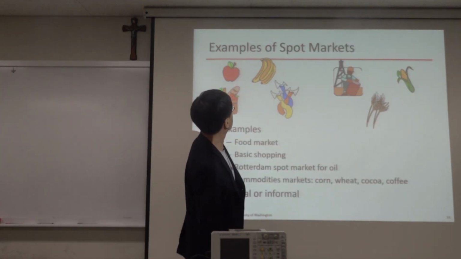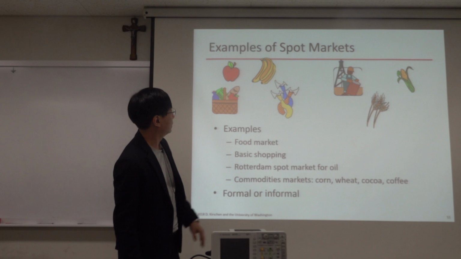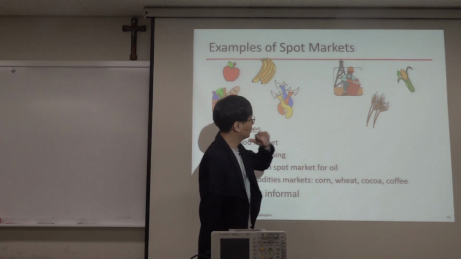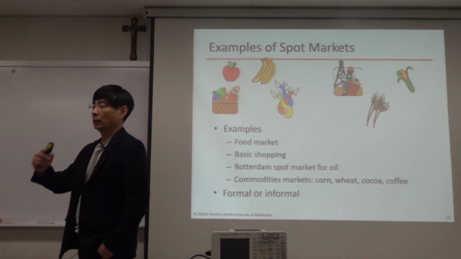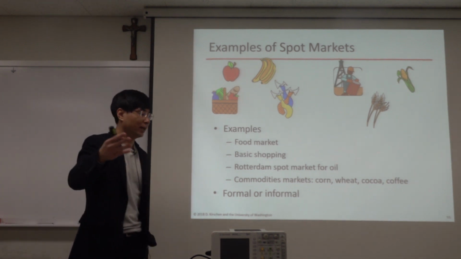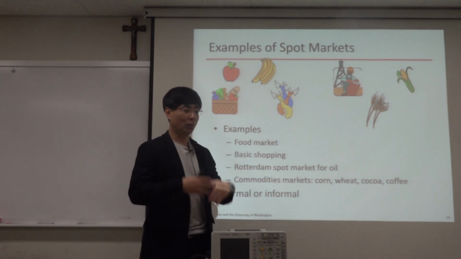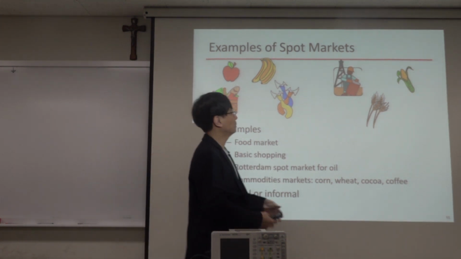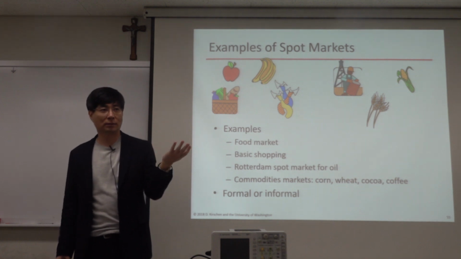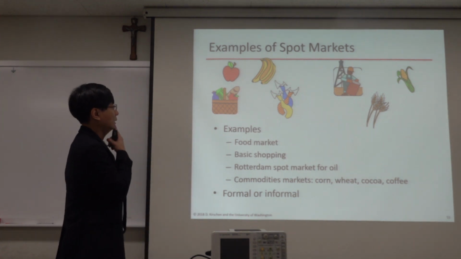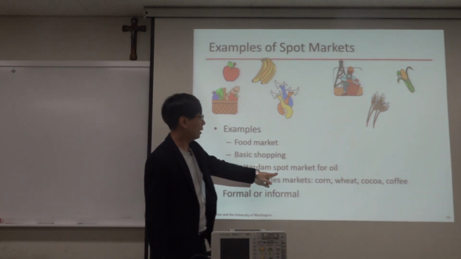So these are the examples of spot market: apple, banana, fruits, clothing, or oil, wheat, corn, etc. So I guess you are not interested in these things at your age, but our world can operate because people trade oil, wheat, corn, coffee bean, cocoa, barley, etc. So yeah, food market, basic shopping, department store, Rotterdam spot market for oil.